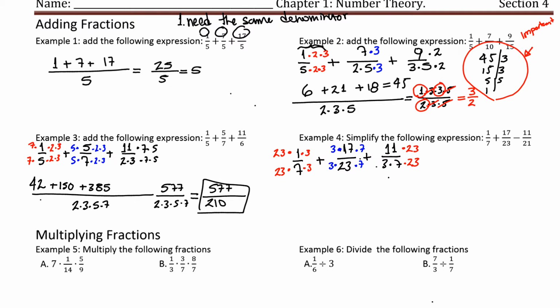Now, the denominator for all three of them added together is going to be the same. They have to be the same because we eventually take it away and just use one of them. So we have 3 times 7 times 23. And then we have to simplify each one of the fractions. 23 times 1 is 23. 3 times 23 is 69.